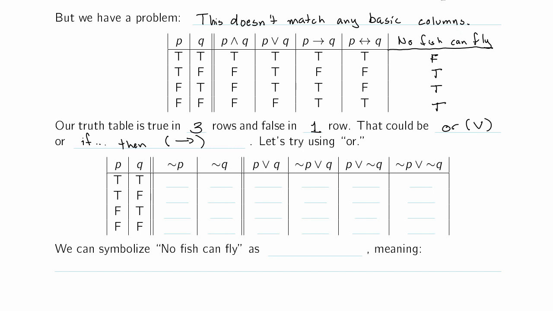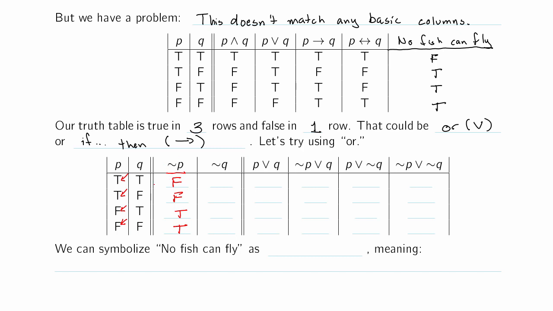So first to symbolize not P, that's just the opposite truth value of P. P is true, not P is false. P is false, not P is true.